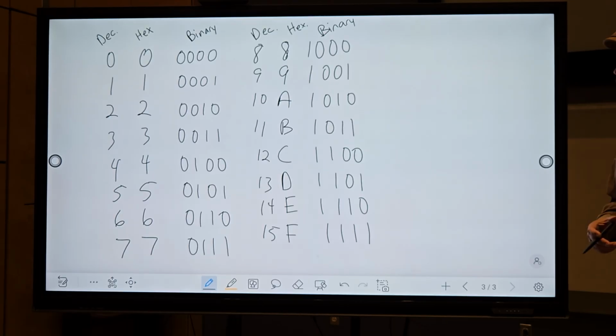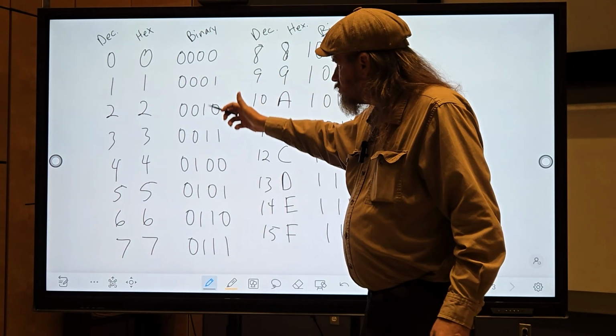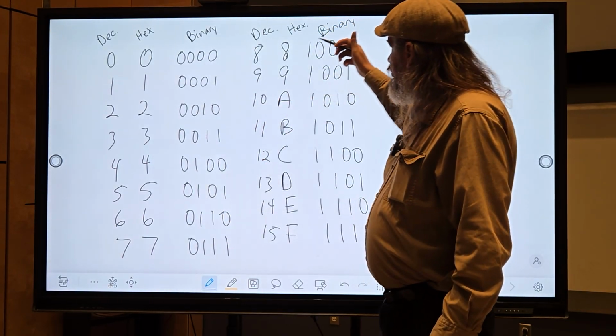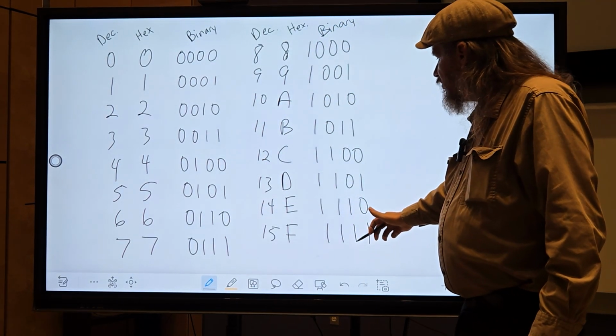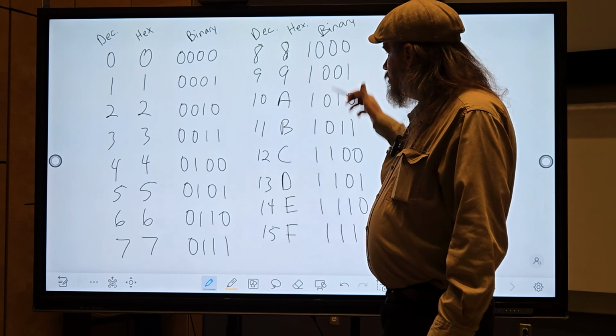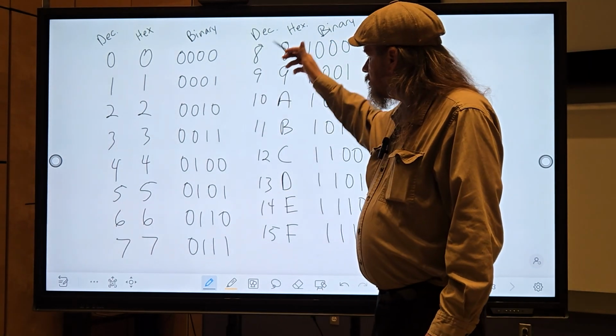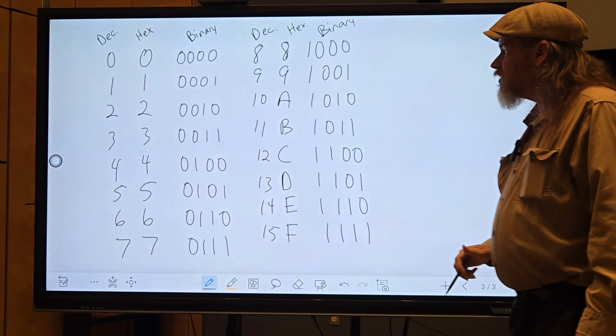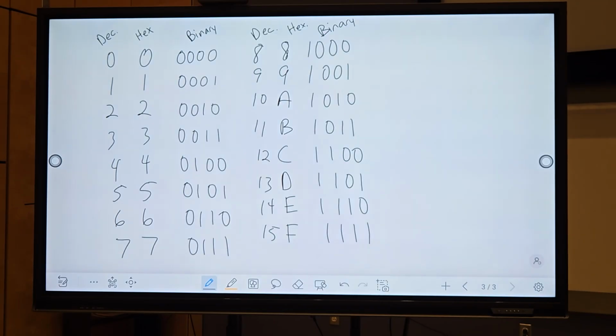It's real simple. Count up all combinations of 4 bits in order, and then have the hex number digits beside each one.